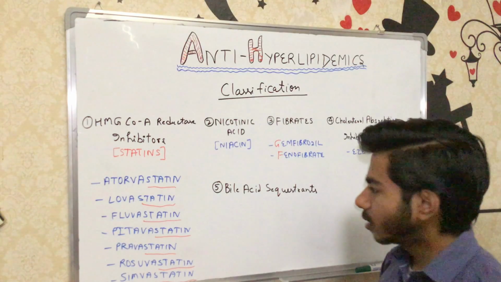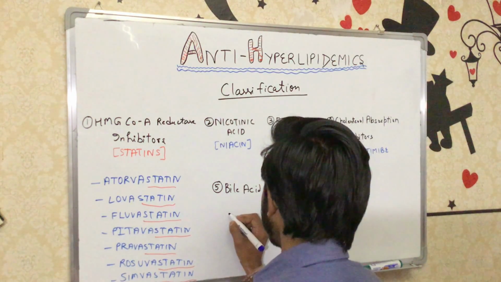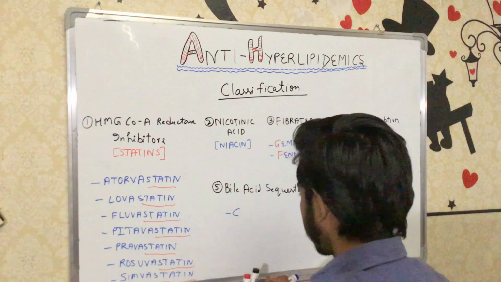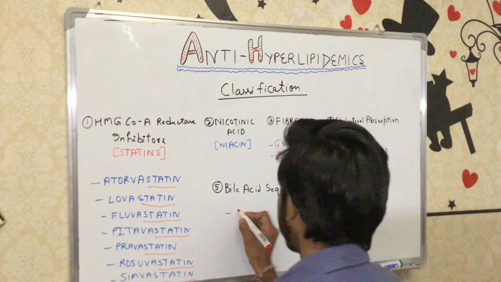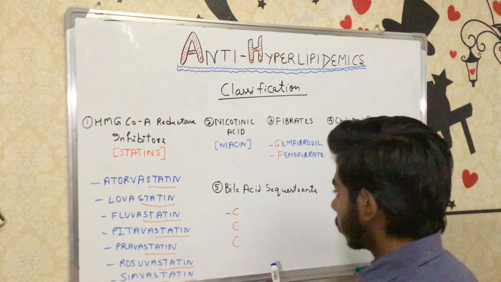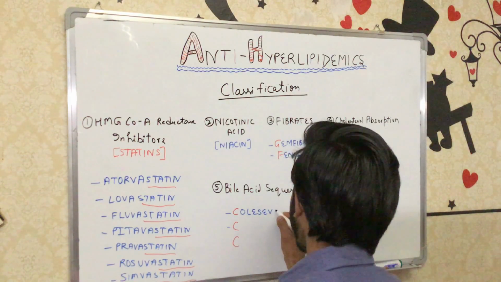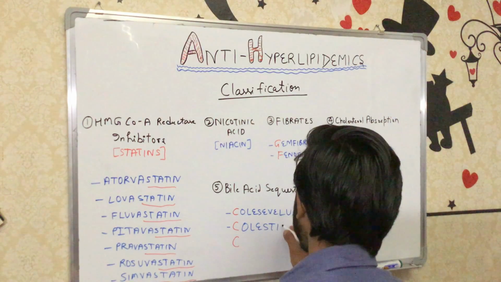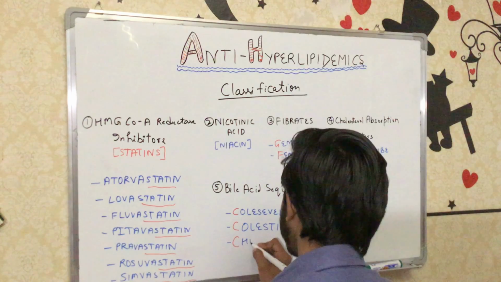So bile acid sequestrants, in which we have the classification like 3 C's, very simple. For example colesevelam, colestipol, and cholestyramine.